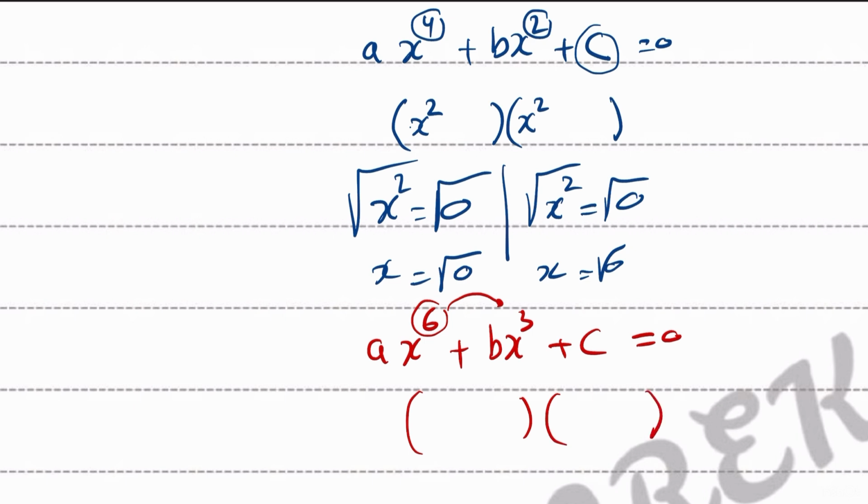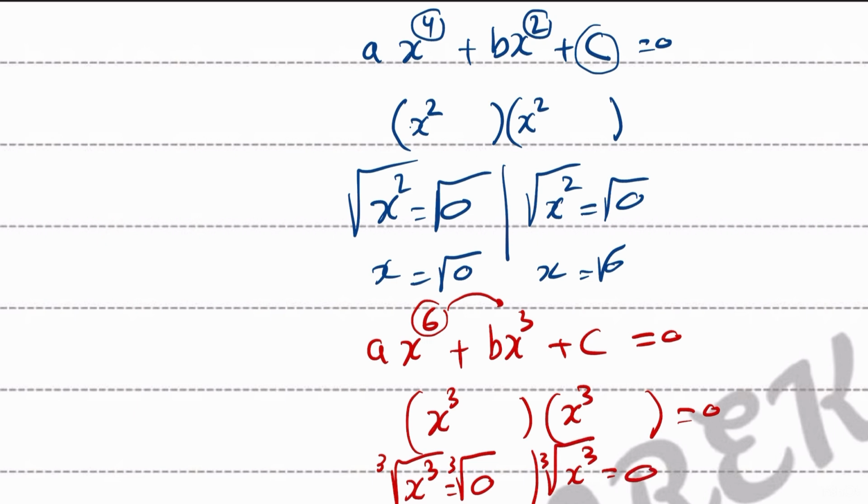So factorize as normal. We put x power 3 here and x power 3 there. After that, solve the normal equation. Then you come up with x power 3 equals something here. Then take the cube root here and cube root there to find the value of x. The same idea here: equals something, cube root here and cube root there.